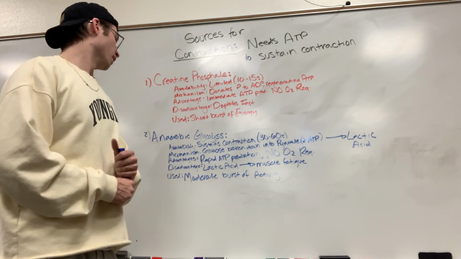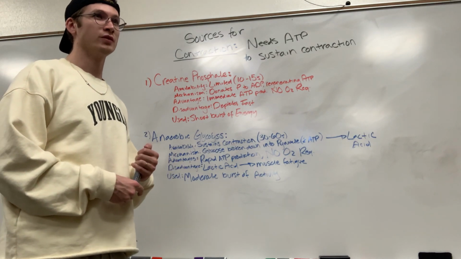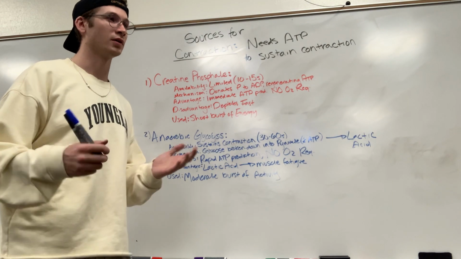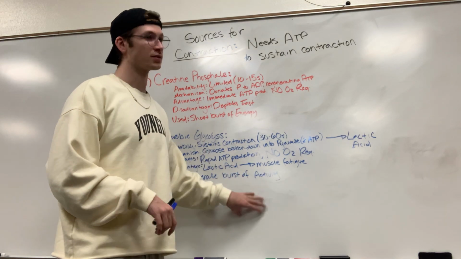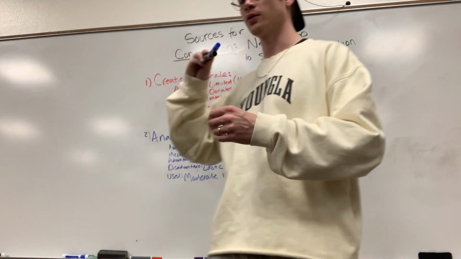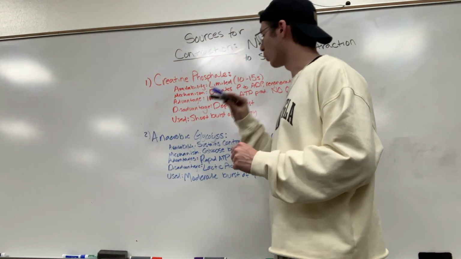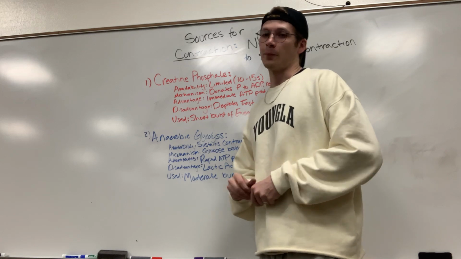We use this for moderate bursts of activity. So sprinting, like a 100-meter dash, things like that, we're going to be using this quite a lot. Next I'm going to talk about one that requires oxygen.